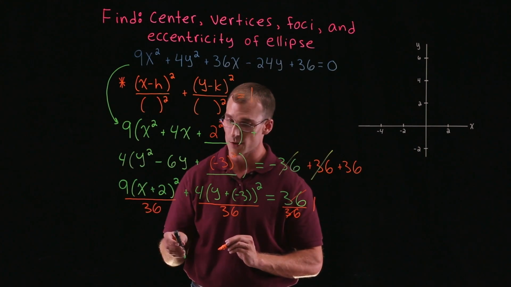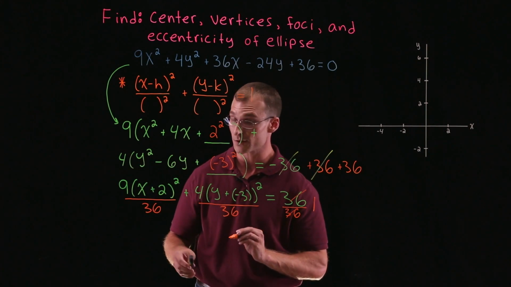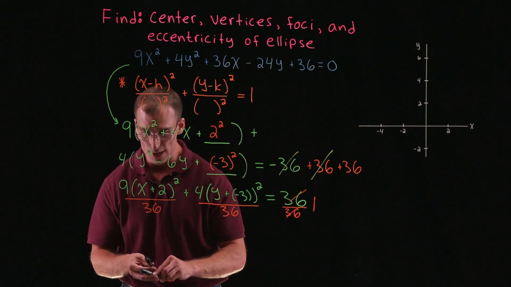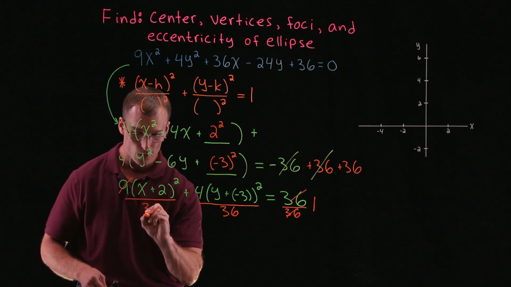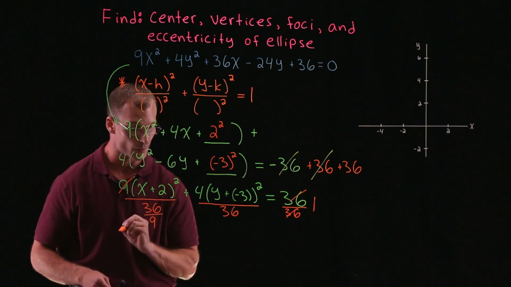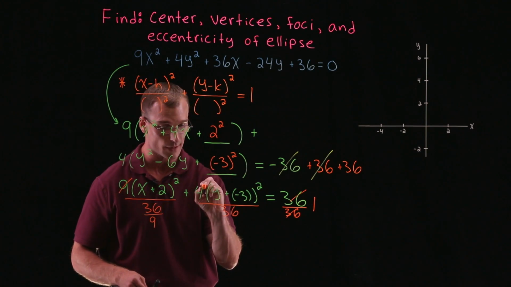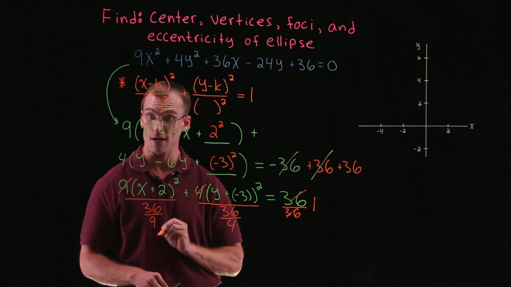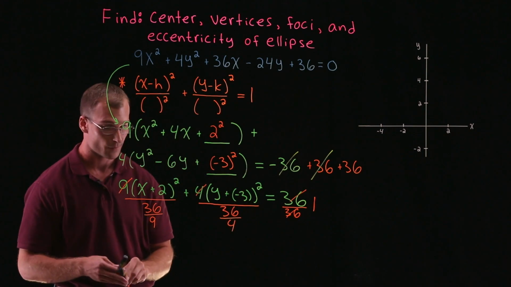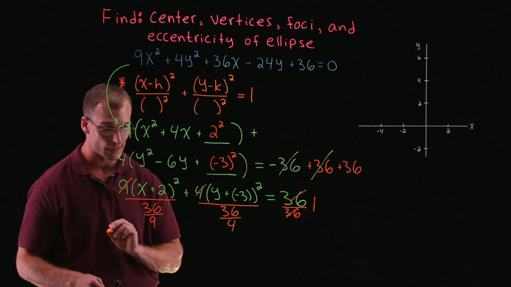So the 9 times x plus 2 squared and the 4 times y plus negative 3 squared, we can just rewrite that a little bit. The 9 being multiplied up here, we can write as 36 over 9 on the bottom. And 4 being multiplied up here, we can write that as 36 over 4 on the bottom here. Okay, so let's go through one more time of cleaning this up.